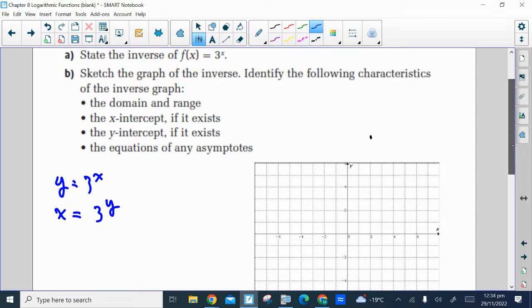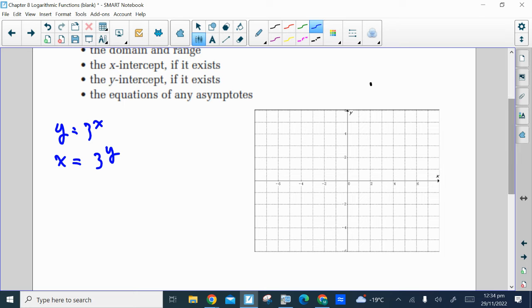So what we can do, though, is change it from exponential to logarithmic. Remember that the exponential function has a base. When you convert it into a logarithmic function, the bases are the same. This exponential function has a base of 3. So when we write it as a log, it'll be log base 3. And make sure you write that 3 down as a subscript. It's got to be down low to make sure that we know it's a base.